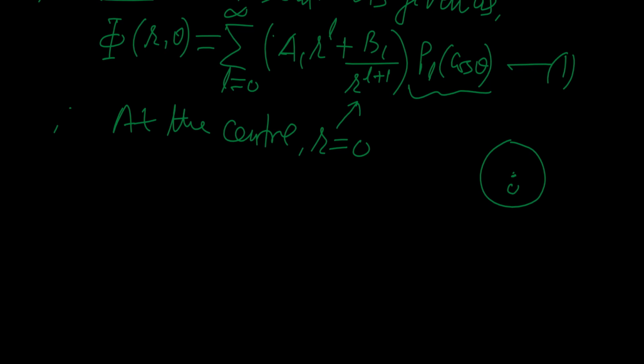It means phi will be undefined at the center, r equal to 0, and this implies phi at 0 theta will be equal to infinity. But remember, potential cannot be undefined anywhere inside the sphere. It must be finite.